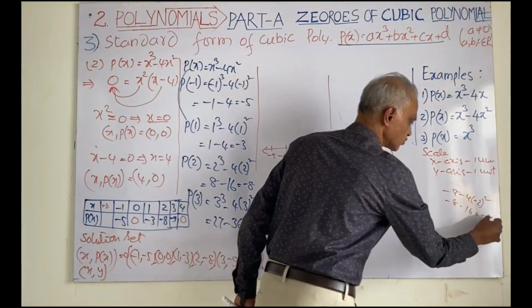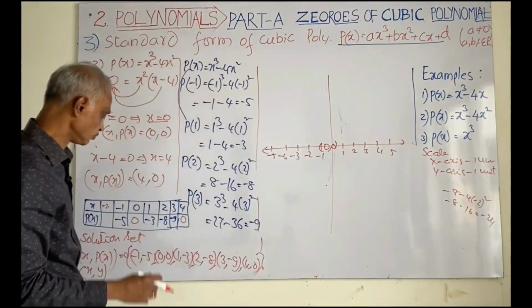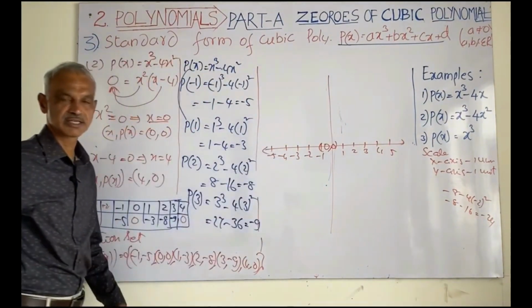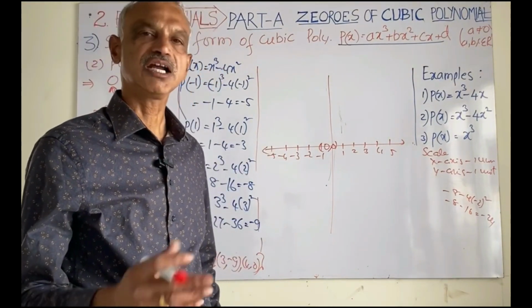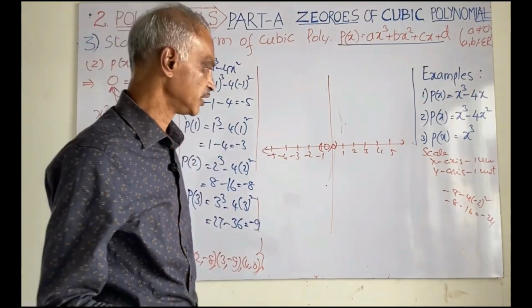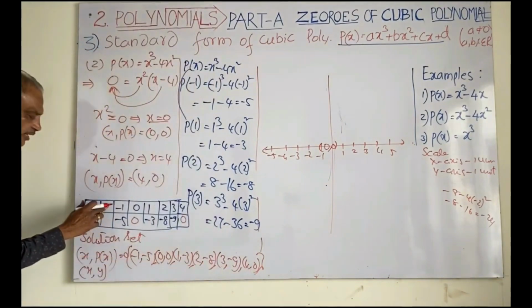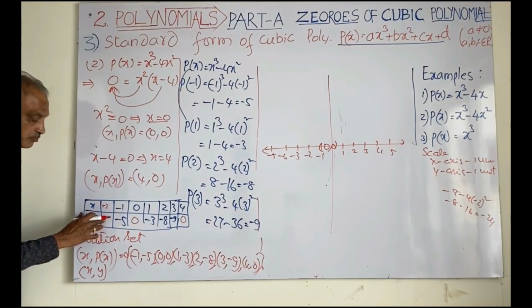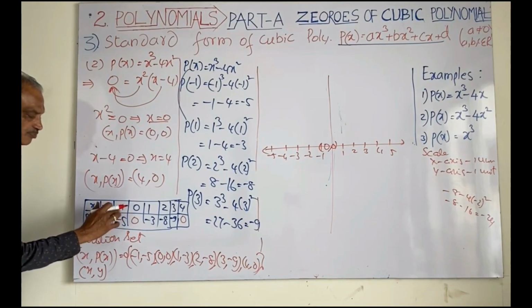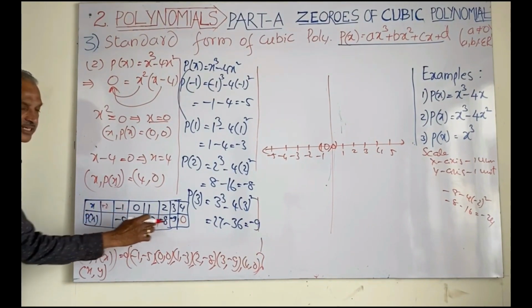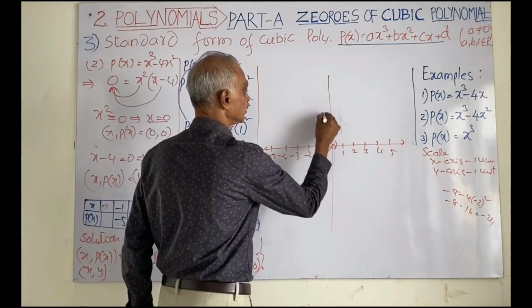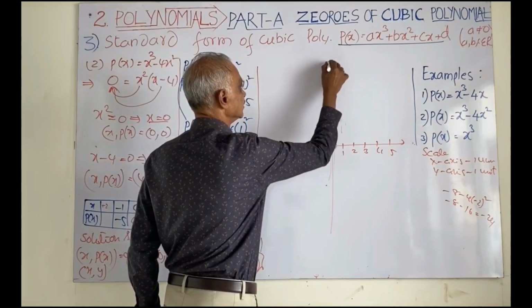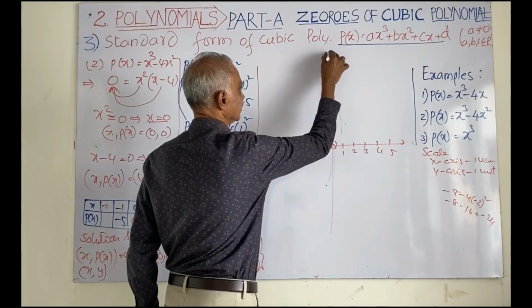You are getting minus 24. On the y-axis you would have to scale differently, 2 units or 5 units, but I did not take minus 2. If minus 2 is there, we have to take minus 24. That's why I have taken y coordinates up to 9, that is 1, 2, 3, 4, 5, 6, 7, 8.